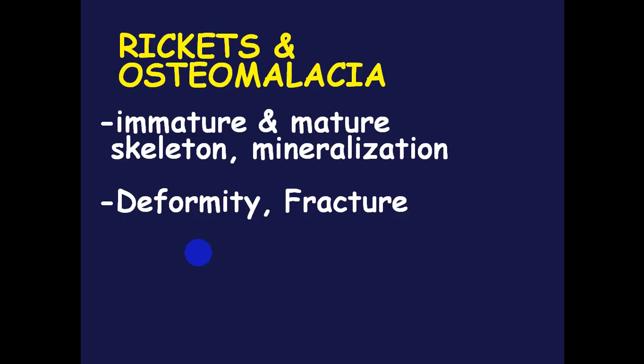So what is rickets? What is osteomalacia? Actually, they are the same. Rickets and osteomalacia mean an immature skeleton. This kind of immature skeleton is caused by failure of mineralization. It makes the bone soft and easy to break, and it may also cause deformity and lead to fractures.